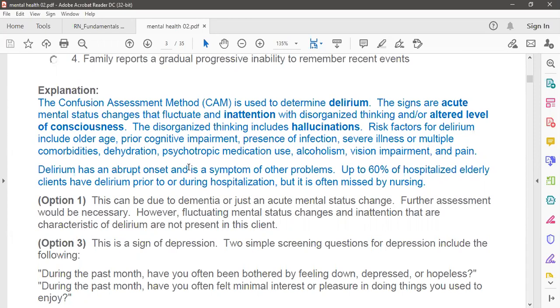Dementia is progressive and irreversible, but delirium is reversible if you remove the underlying cause. Up to 60% of hospitalized elderly clients can develop delirium prior to or during hospitalization, but it is often missed by nurses.